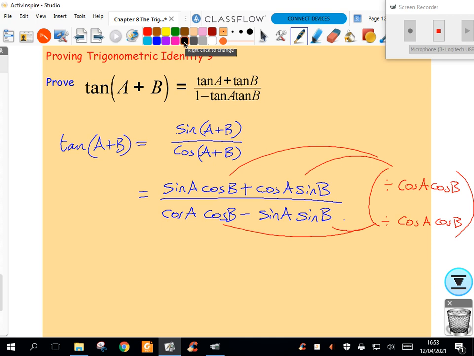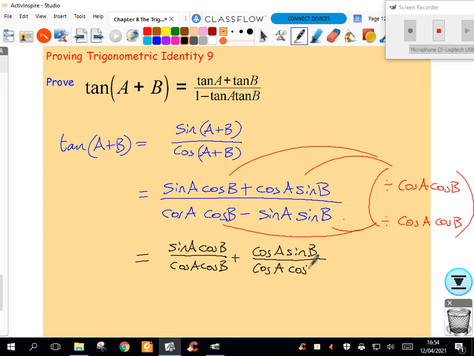So dividing the first term, sine A cosine B, well, let me write it out explicitly here. Sine A times cosine of B, and I'm dividing that by cosine of A cosine B. Also, the second term on the top here, we'll have cosine of A times sine of B, and I'm dividing that. Remember, I have to divide each term on the top by cosine of A cosine of B. That's my top, that's my numerator.